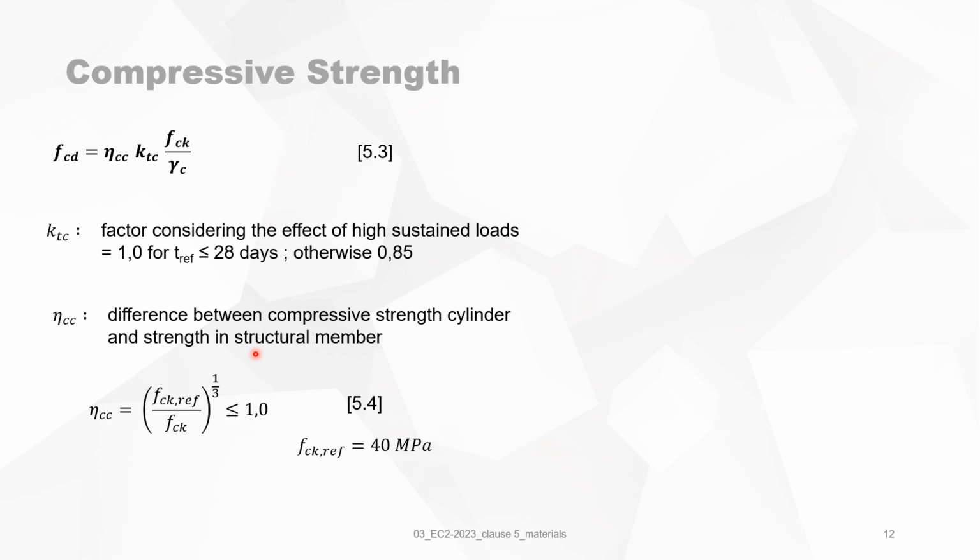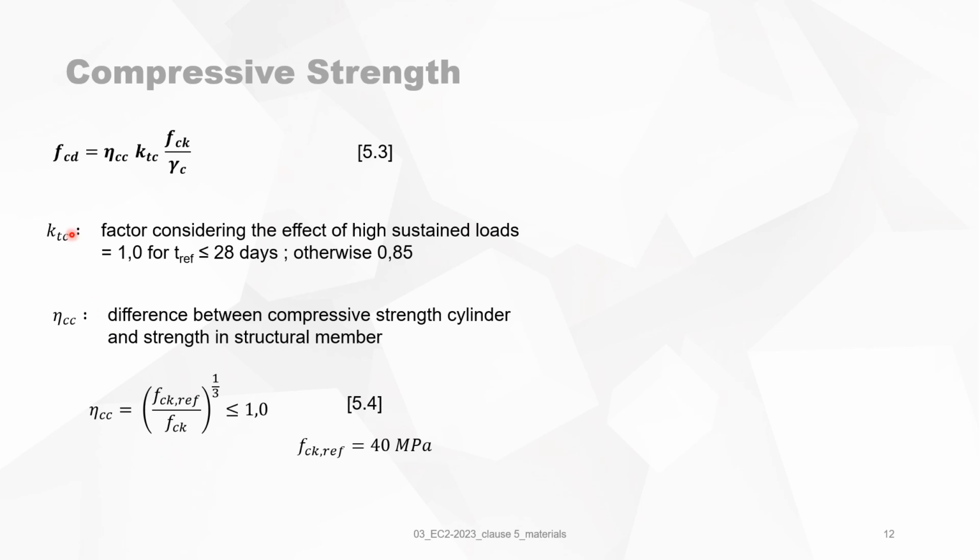This is accounted for in eta_cc. Eta_cc is a ratio between a reference value of the characteristic strength and the characteristic strength of the concrete, to the power 1/3. It must always be smaller than 1. This reference value is a nationally determined parameter, so every country can choose, and the recommended value is 40 megapascal.